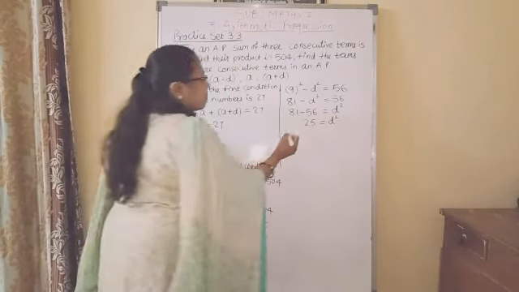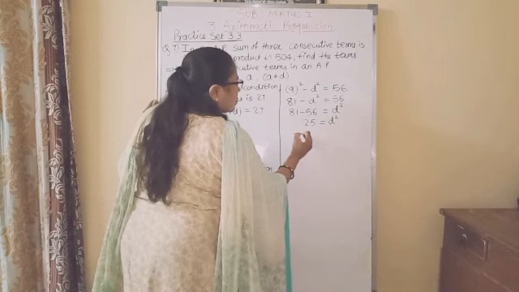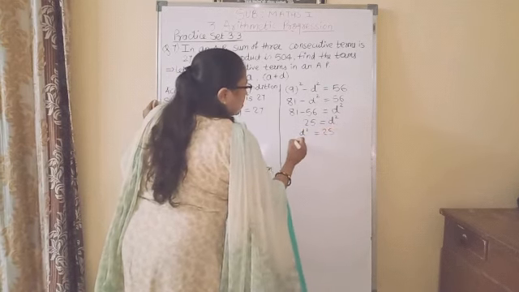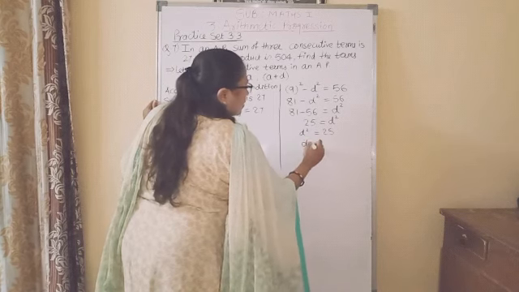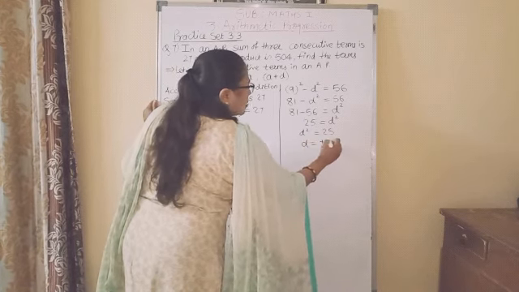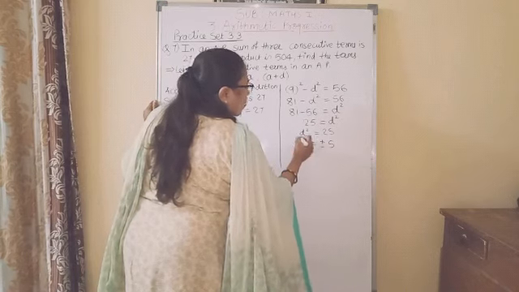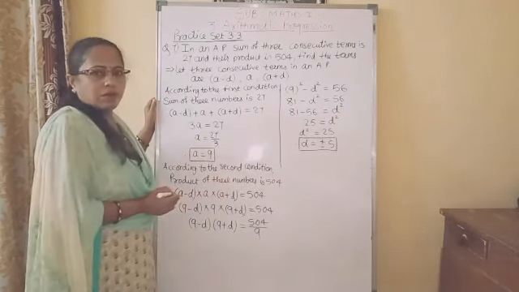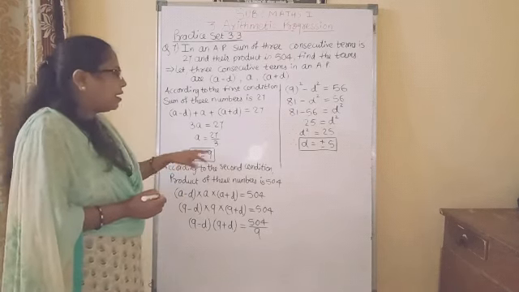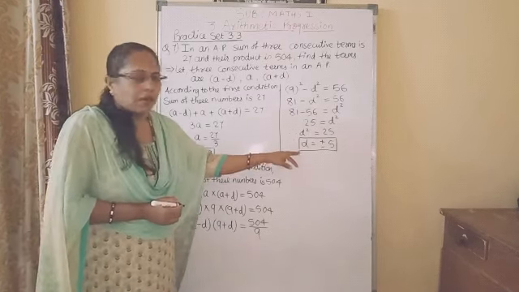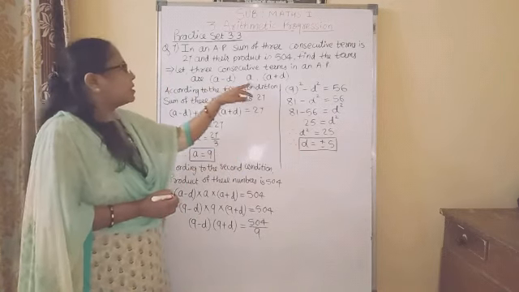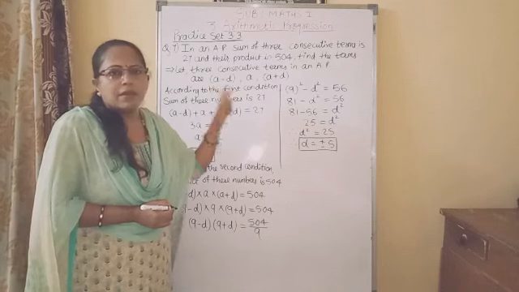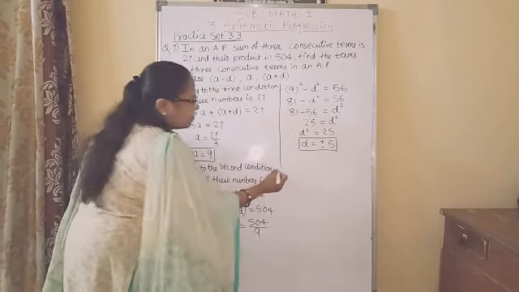So D square is equal to 25. Therefore, D is equal to plus minus 5, as the square root may be positive or negative. Okay. So this way we got A and D. Now if you substitute these values in these numbers, we will get the values of all three consecutive terms.